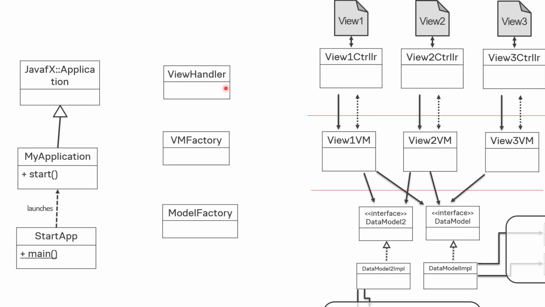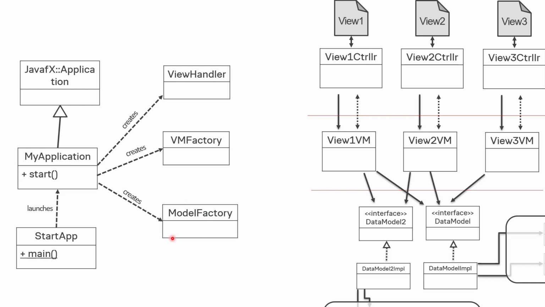Now for the relationship between our classes, let's add these first. So in the start method here, in the my application class, which is sort of the entry point of the application, in the start method here we create the three classes, these three: the view handler, the view model factory, and the model factory.